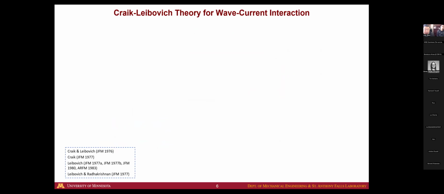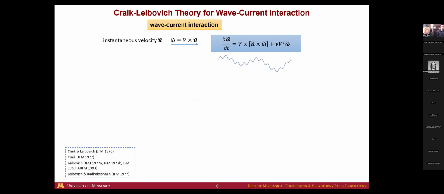And then when it is applied to the Langmuir circulation, there's the Craik-Leibovich theory, which was based on a series of very nice papers written by them in the 1970s and in the following years. A brief introduction about the Craik-Leibovich theory is that it started from the velocity, and actually it analyzed the vorticity field.